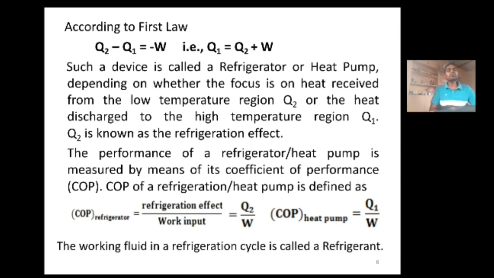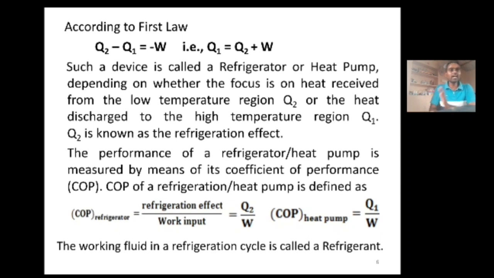Now coming to the performance parameter of a refrigerator or a heat pump. As we have been discussing heat engines throughout this subject, we all know how important a factor thermal efficiency is. Similarly, in the case of refrigerators or heat pumps, COP is that big a factor.